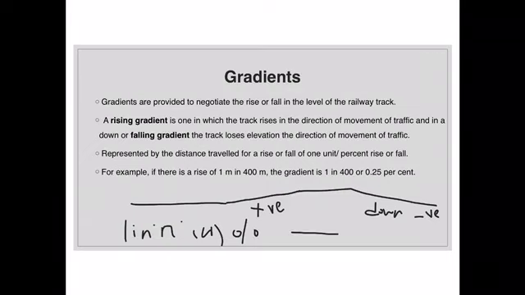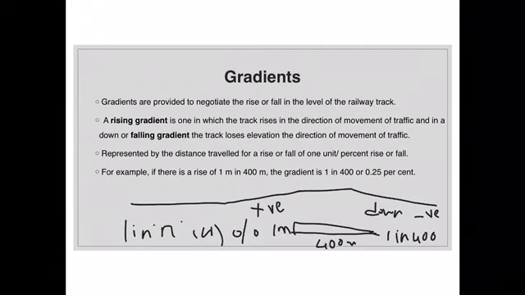For example, for every 400 meters in the horizontal direction, the rise in the vertical level is 1 meter. So the gradient will be expressed as 1 in 400.